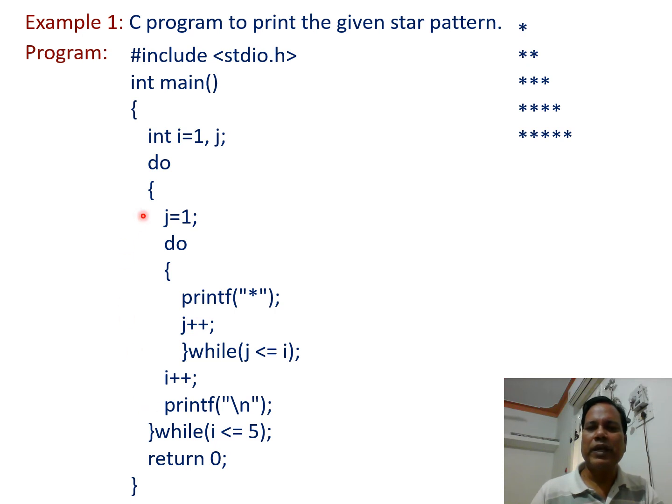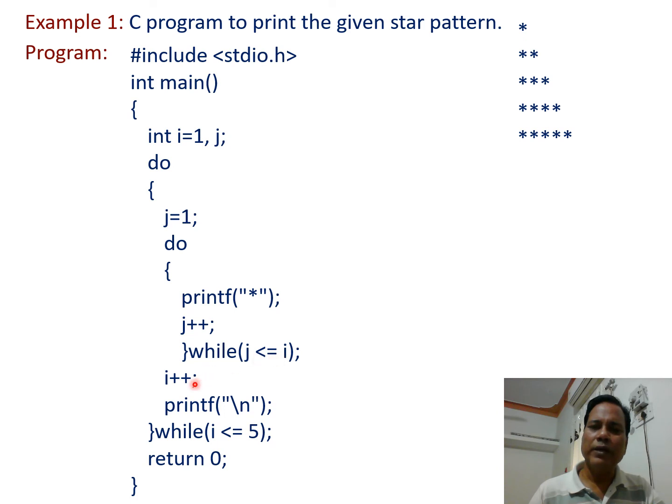So in the second time, value of j is set as 1. So do printf statement, star gets printed in the second row. Then value of j is incremented. This value becomes 2. In the condition 2 is less than or equal to 2. This condition is true.